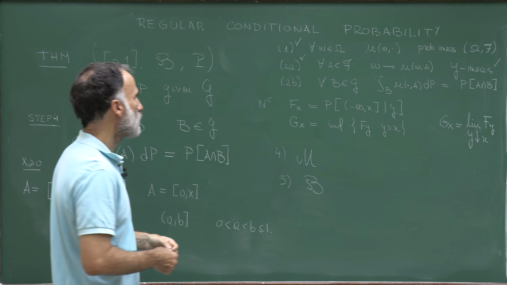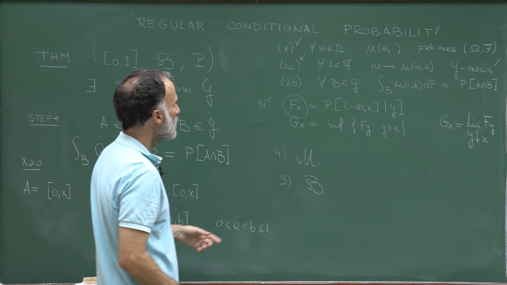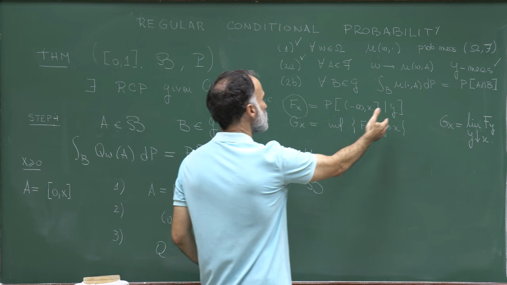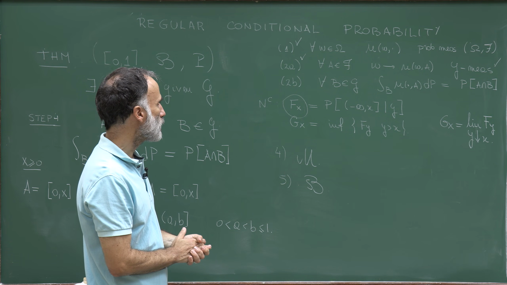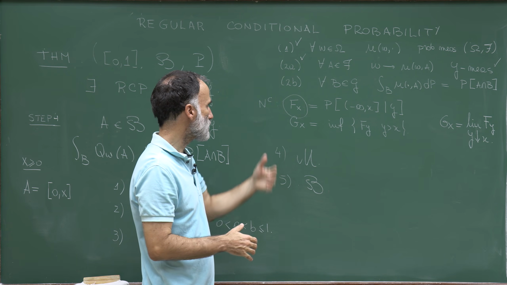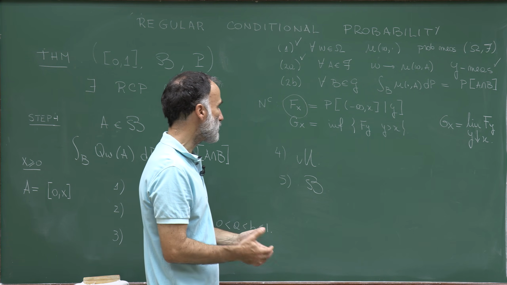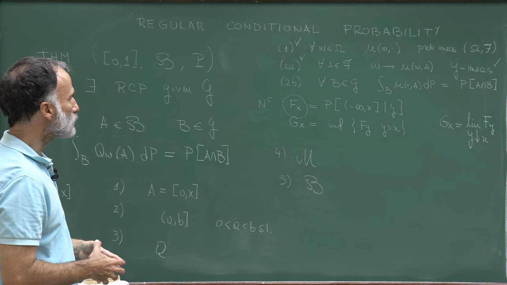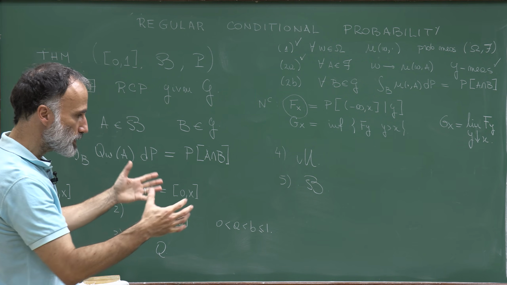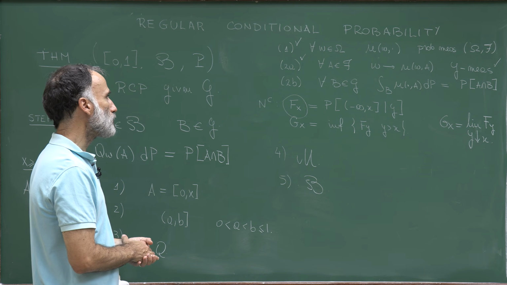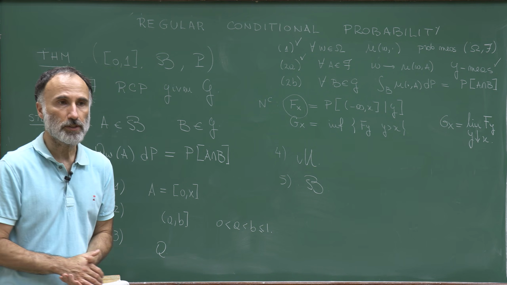We use only the fact that we can define a family F_x of conditional probabilities for a dense and countable family of points, and it is this dense and countable family which permits us to extend and to construct the measure. So you see that in order to extend this idea to other sets, we need essentially the existence of a dense countable family. And with this, well, I complete these lectures.